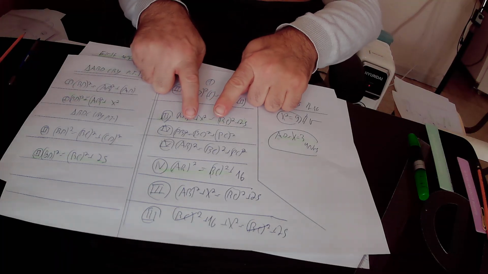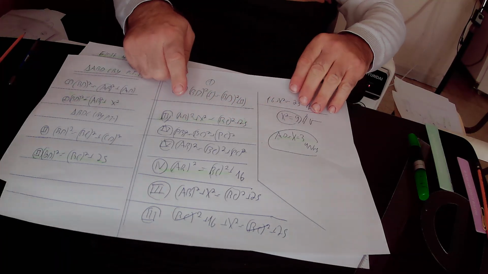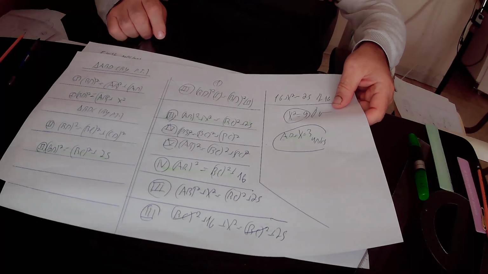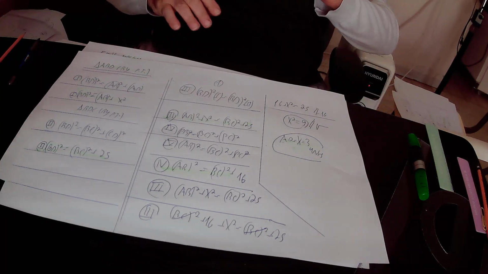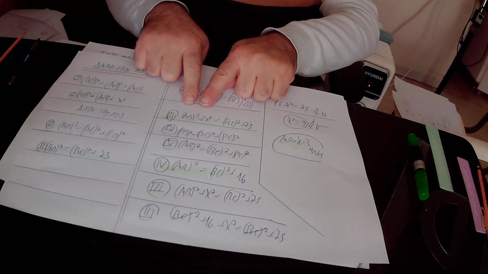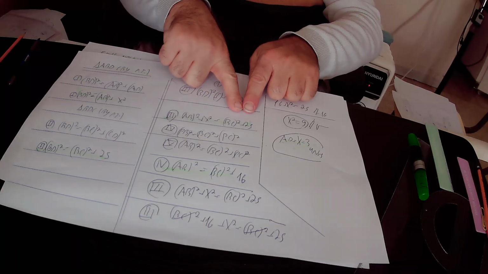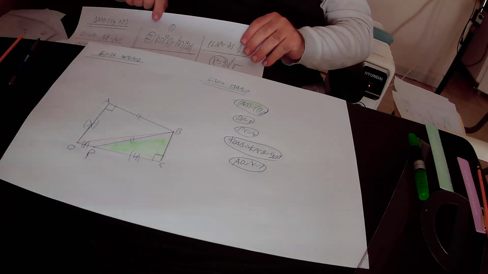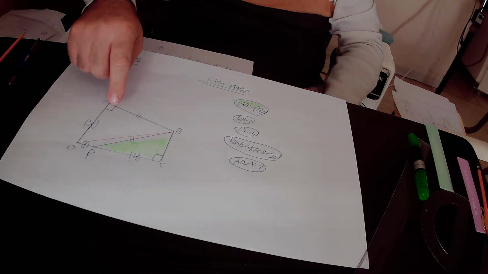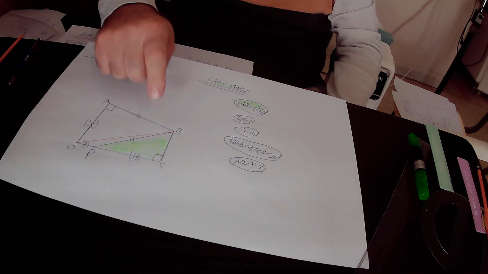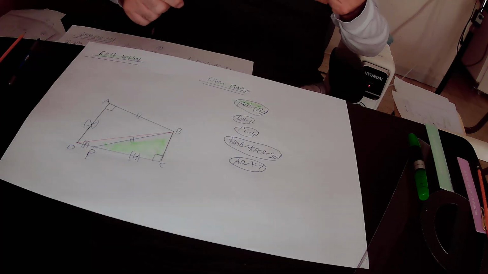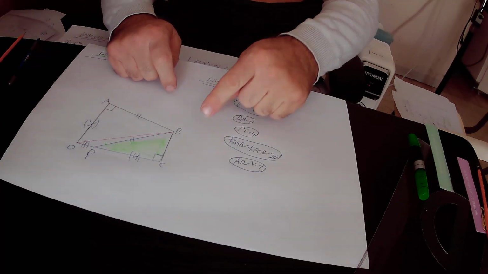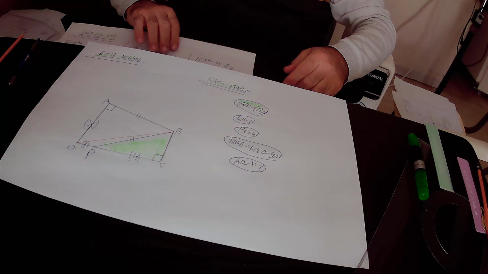According to equation 3, we found that AB squared plus x squared equals BC squared plus 25. In the next step, we implement the Pythagoras theorem on this right triangle PBC. According to the Pythagoras theorem, in the right triangle PBC, PB squared equals BC squared plus CP squared.